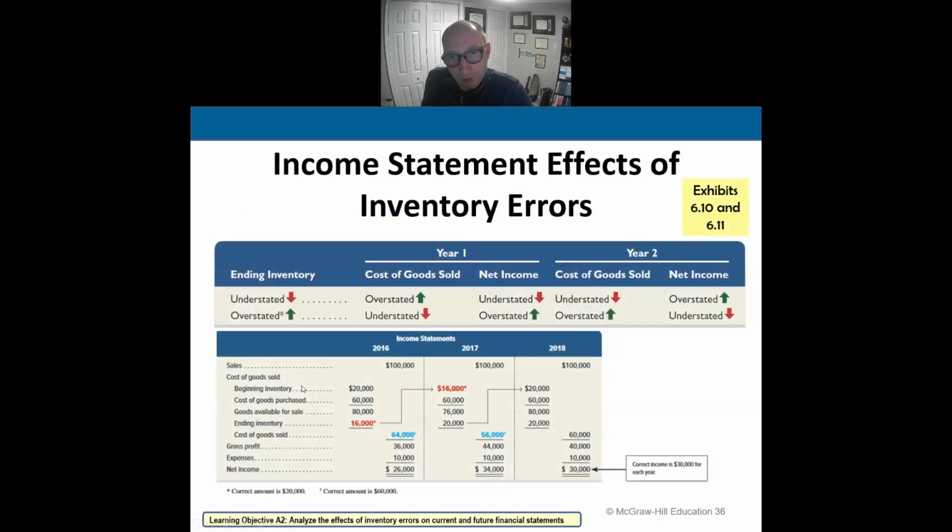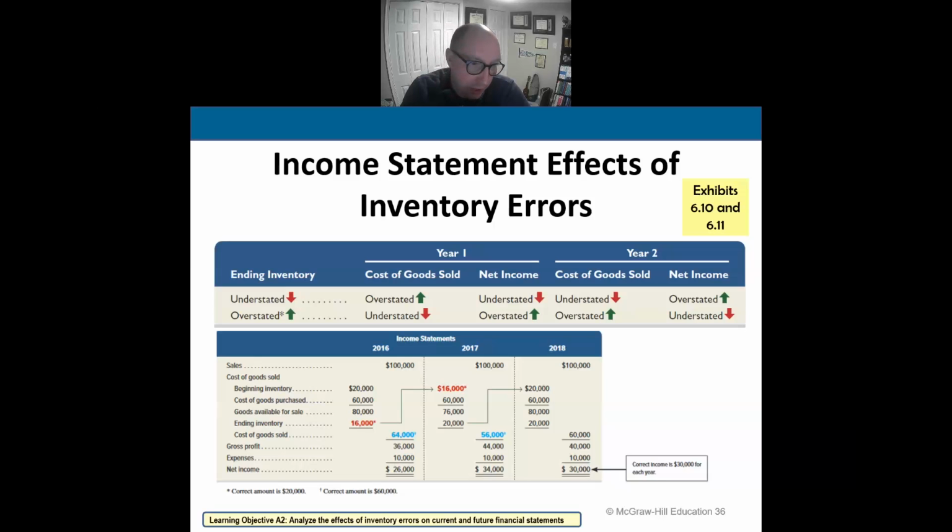Now, it's important to understand the effects of inventory on your income statement, because sometimes there might be errors, and the errors result from changes in your cost of goods sold or ending inventory amounts that ultimately will overstate or understate your ending inventory.